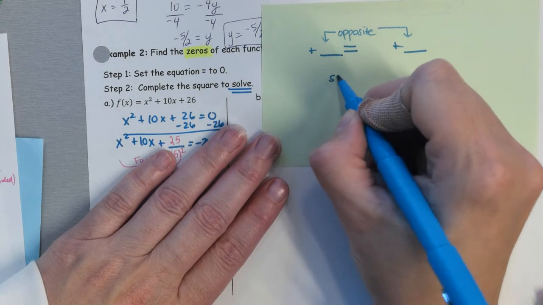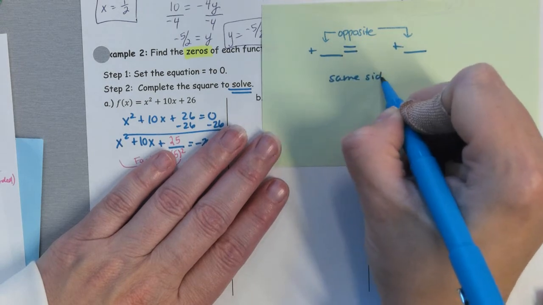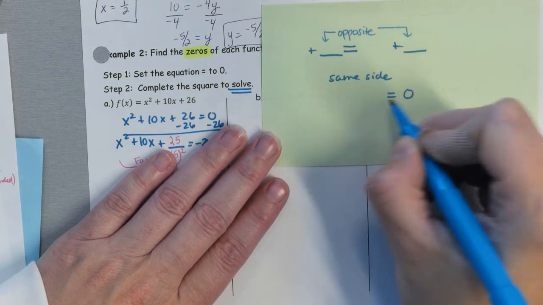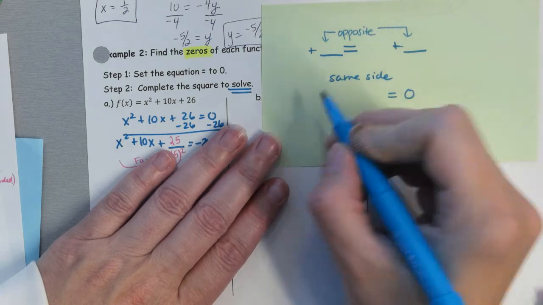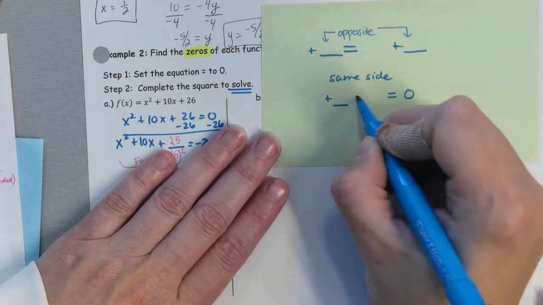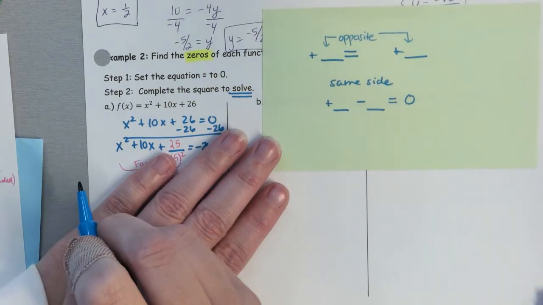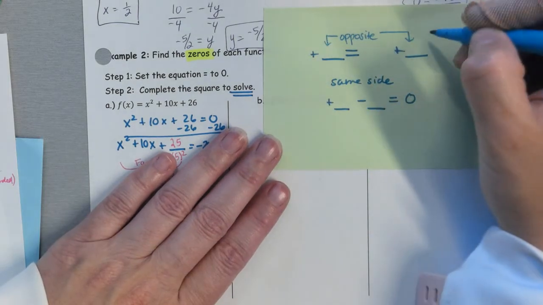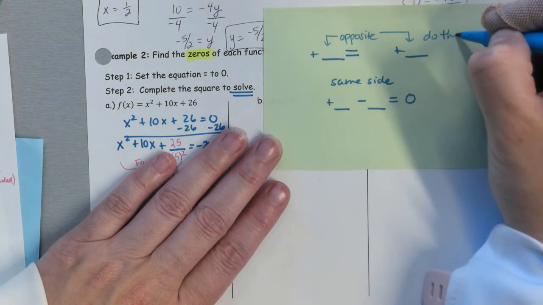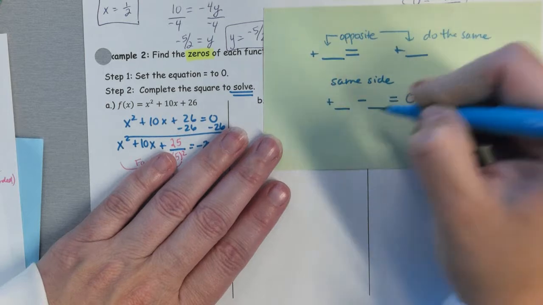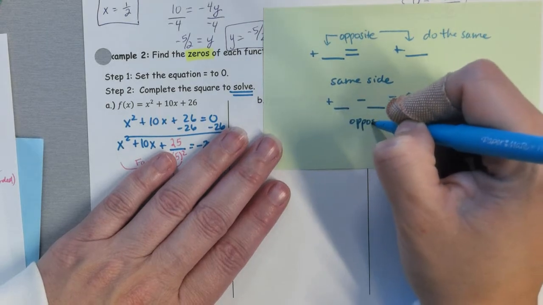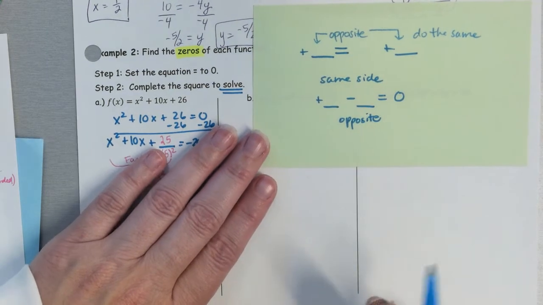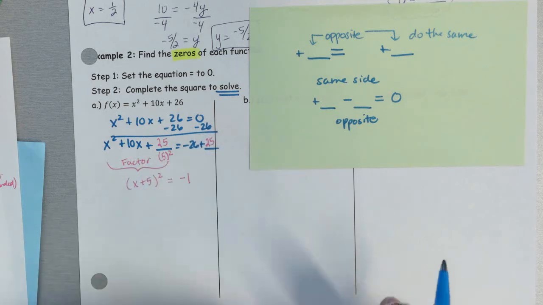Okay, if you're on the same side, like where this was equal to 0 or f of x, we did a plus and then a minus. So if you're on opposite sides, do the same. If you're on the same side, do the opposite. Is that helpful or confusing?